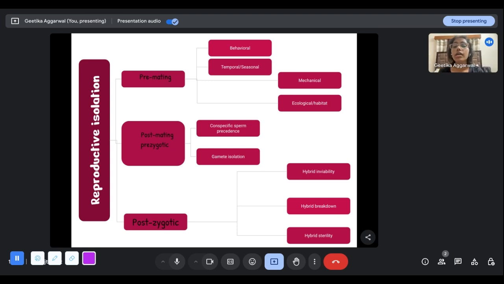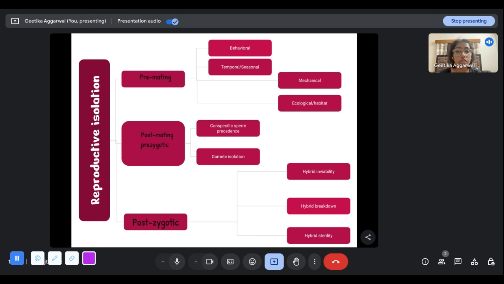That is why the sperm of the other individual, which belongs to a different species or a different subspecies, is unable to fertilize the ova of the female belonging to this species A, right? So that is how conspecific sperm precedence takes care of post-mating prezygotic isolation.